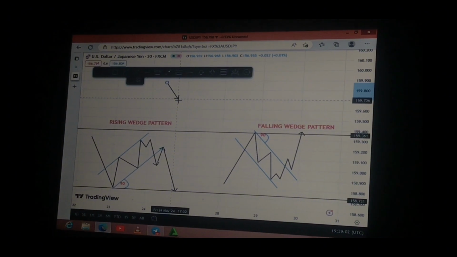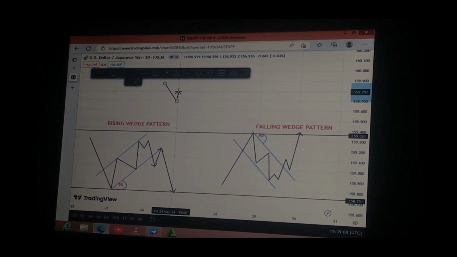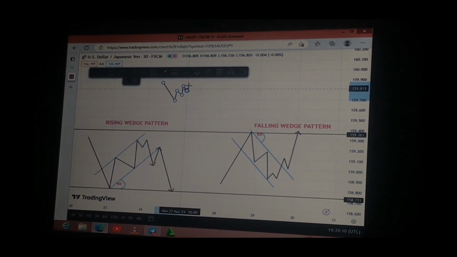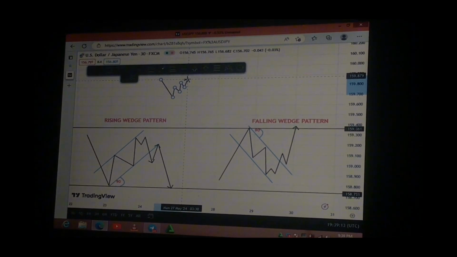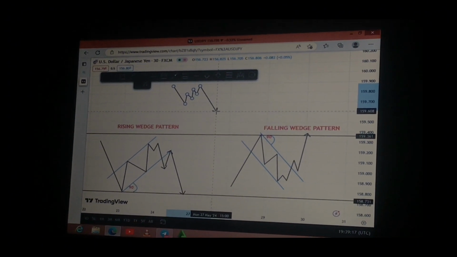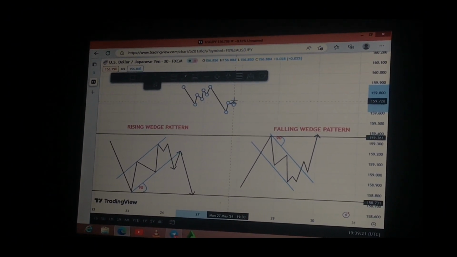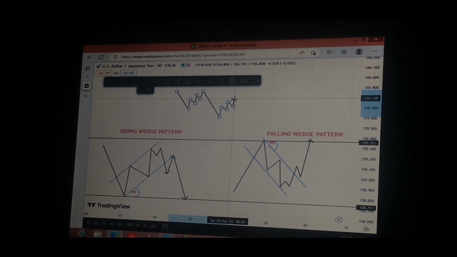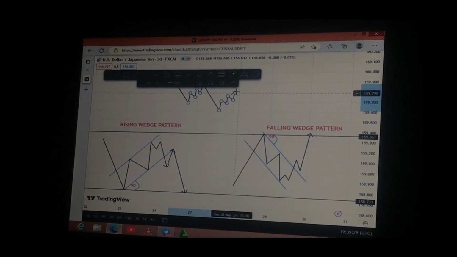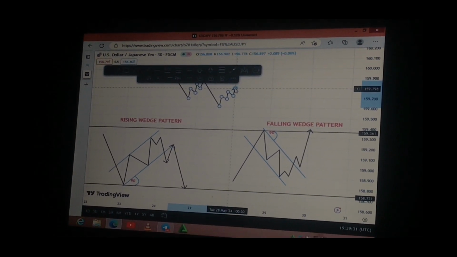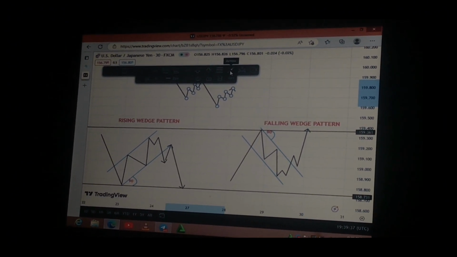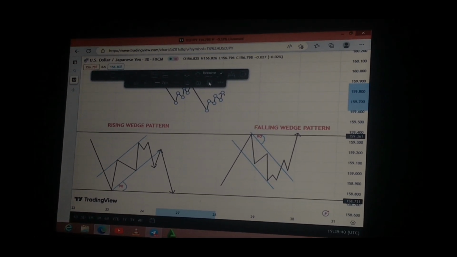It's gonna give you an impulse, and then it's gonna correct to the upper side, which we call a retracement, a correction, and then it's gonna give you another impulse, and then correct again, and then impulse. So basically every time you see an impulse, you're gonna see a correction, impulse, correction, impulse, correction, and so on.